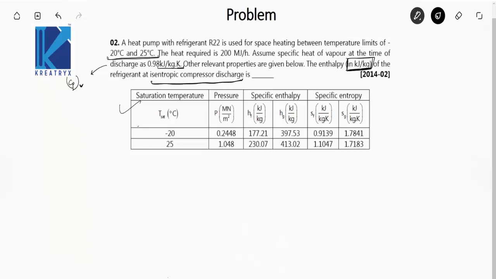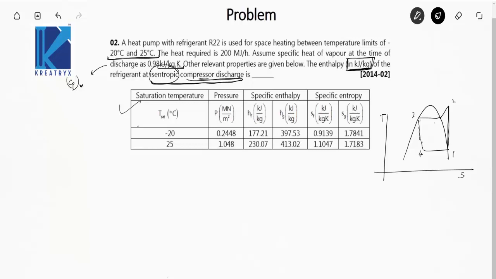So I have to find the enthalpy at the isentropic compressor discharge. Let's draw the TS diagram of the ideal VCRS, something like this. This is a straight vertical line because this is isentropic compression, which has been given to us, and this is the isenthalpic process from 3 to 4.